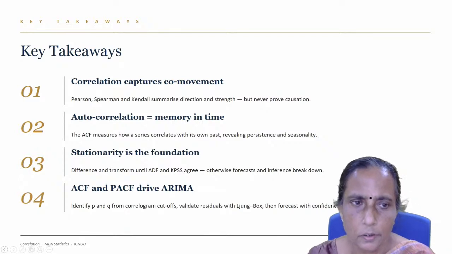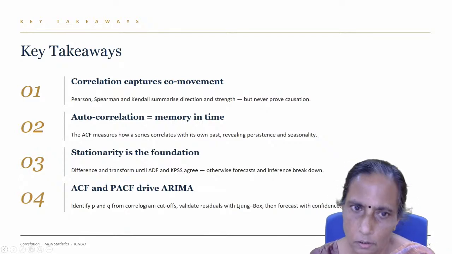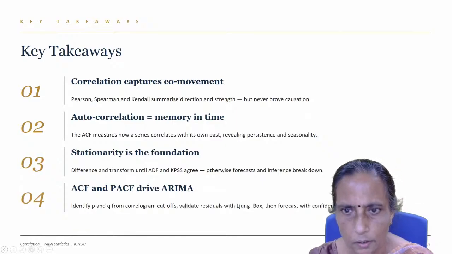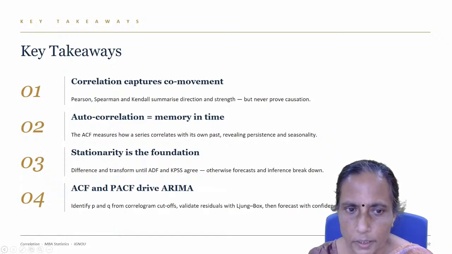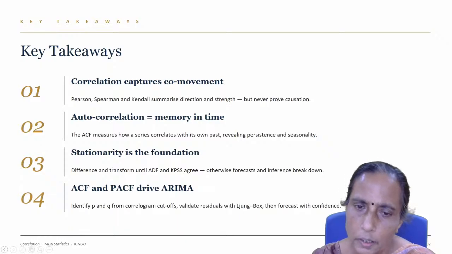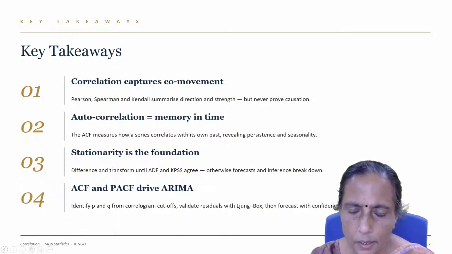So, key takeaways. You may see correlation captures co-movement. Pearson, Spearman and Kendall summarize direction and strength but never prove causation. Autocorrelation is equal to memory in time; that is, the autocorrelation function measures how a series correlates with its own past, revealing persistence and seasonality.